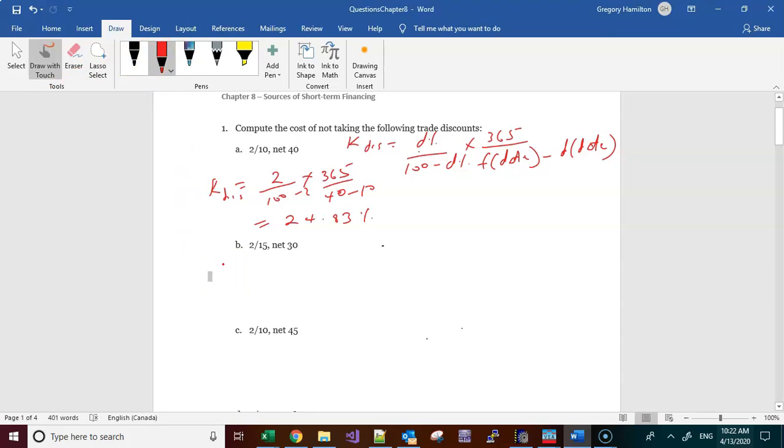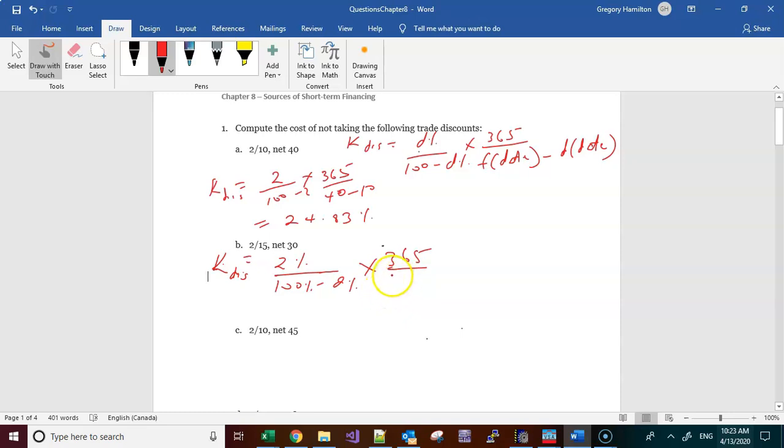We would find K, our discount rate, which would equal 2% over 100 minus 2%, multiplied by 365 over, what is my final date?